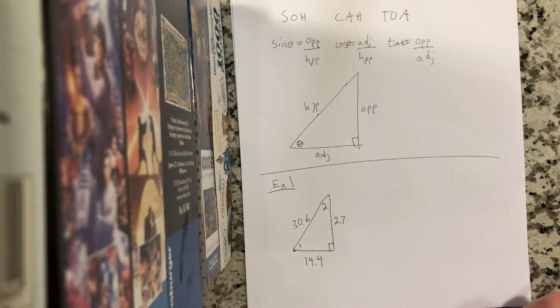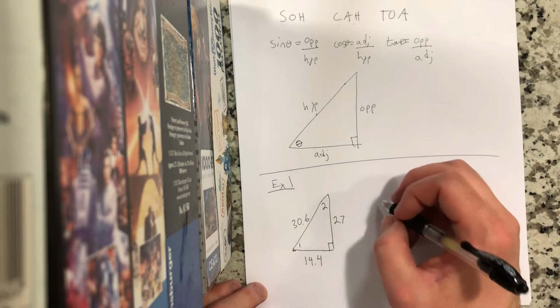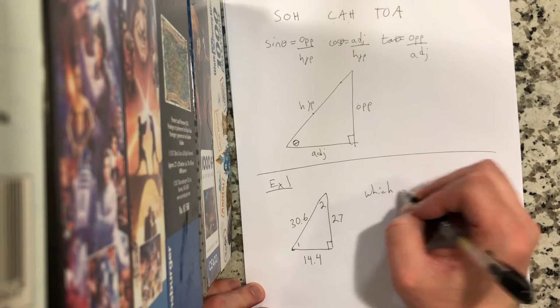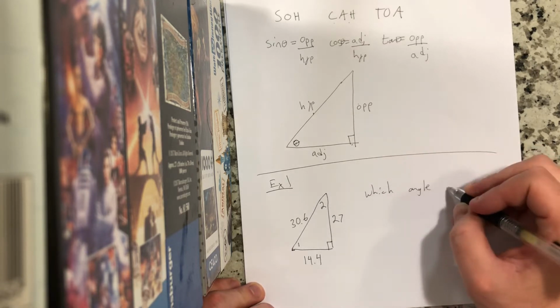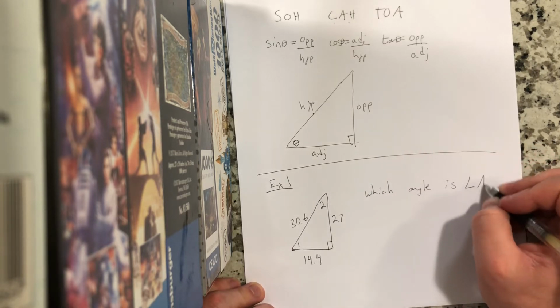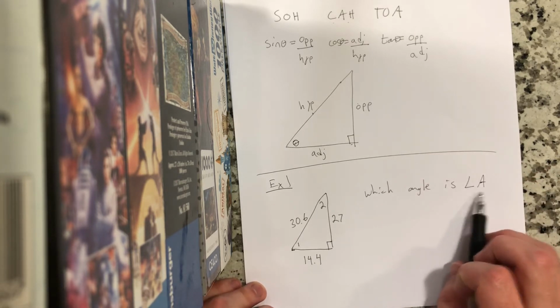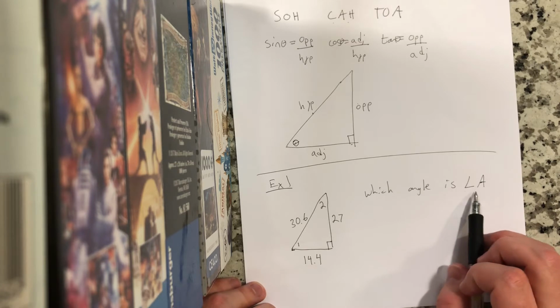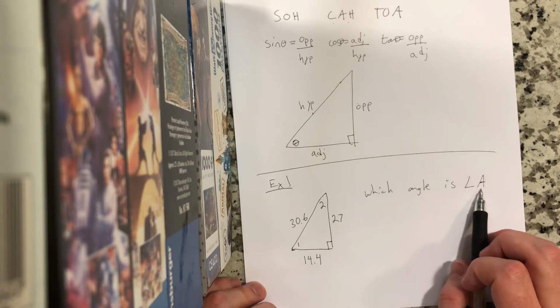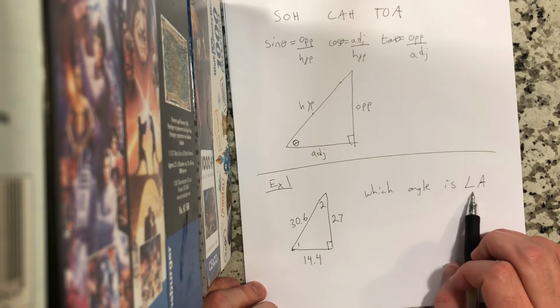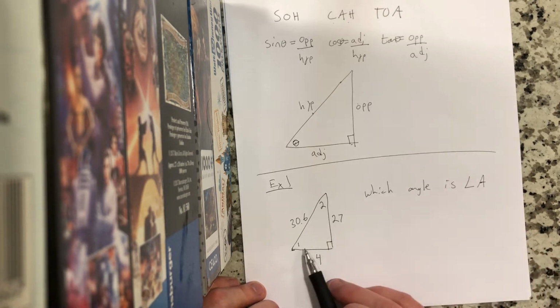Now, what we're concerned with is, let's say, which angle is angle A. Again, typically, if you're using the one-letter notation, capital letters are going to represent angles, and lowercase letters will represent sides. Here we've also got numbers for the angles.